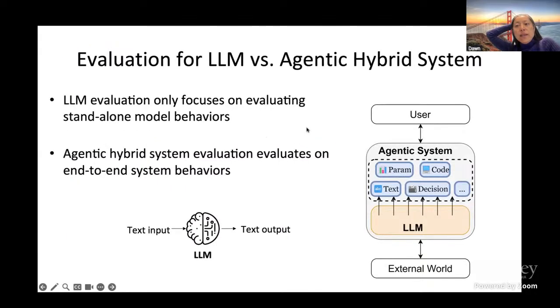Again, we need to contrast evaluation for large language models themselves versus the agentic hybrid system. Most of the previous evaluation mostly focused on LLM evaluation itself, essentially evaluating the behaviors of the large language models under different types of inputs, focusing on evaluating standalone model behaviors.